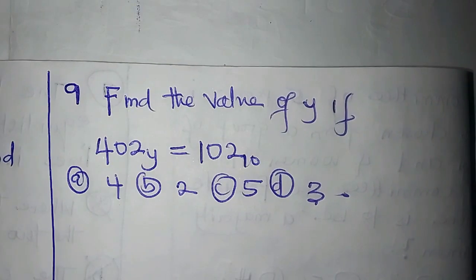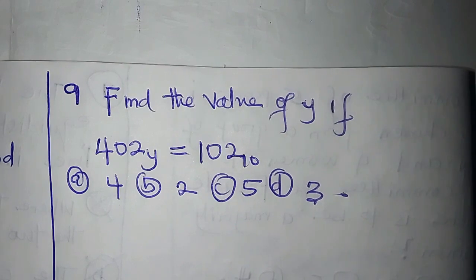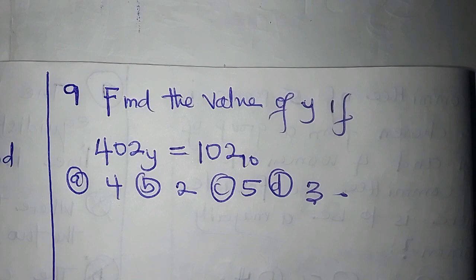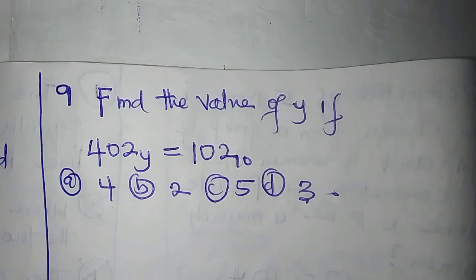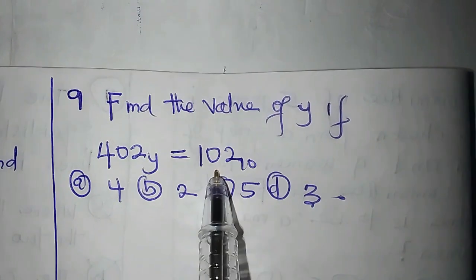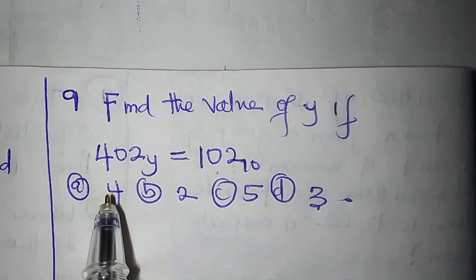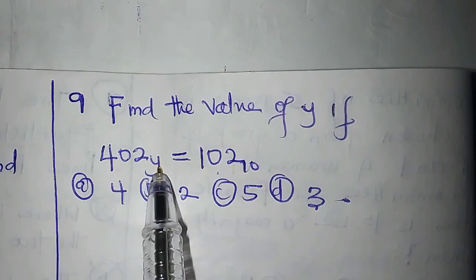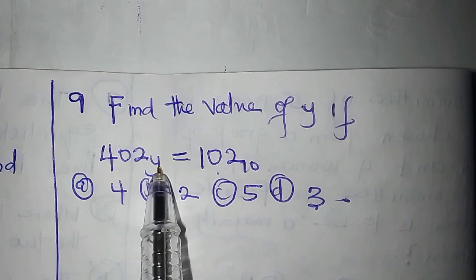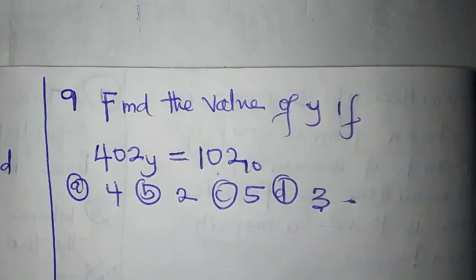Now this is question 9. Find the value of y if 402 base y equals 102 base 10. Okay, this one is already in base 10, so I will not convert it to any other base. But this one that has a base of y will be converted to base 10. And this is the way to do it.